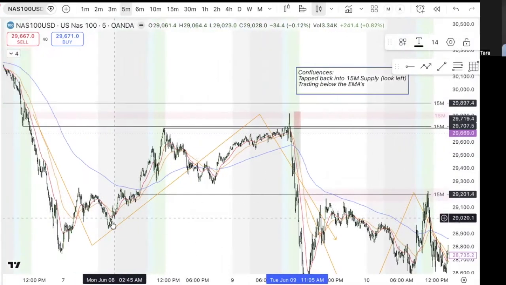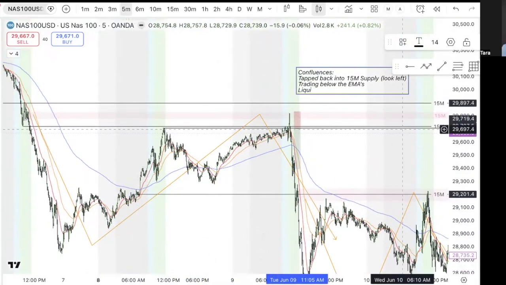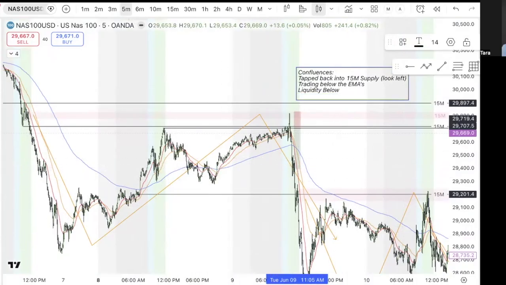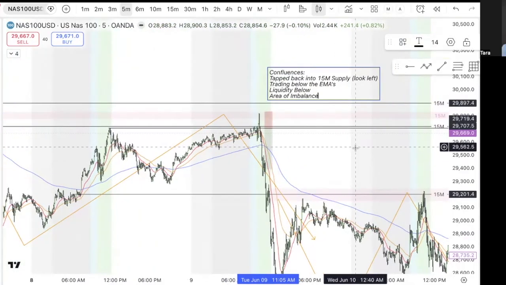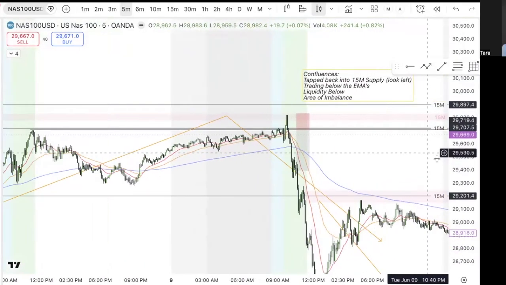There's plenty of liquidity here, lots of wicks. And there was this area of imbalance that we were targeting. And so we've got 4 confluences here. So you want to have at least that many when you're trading.